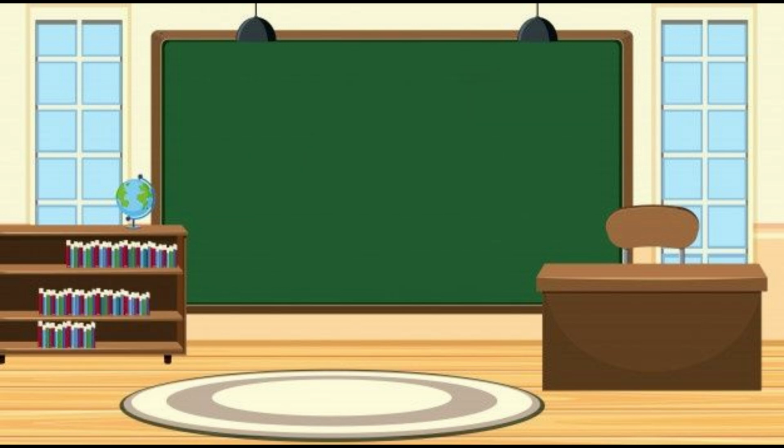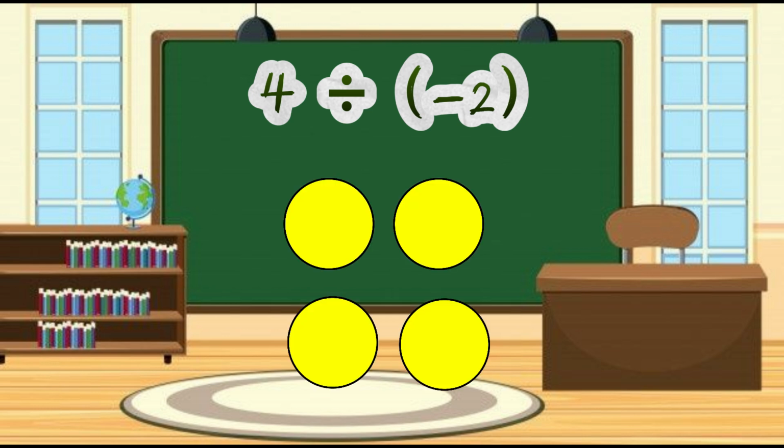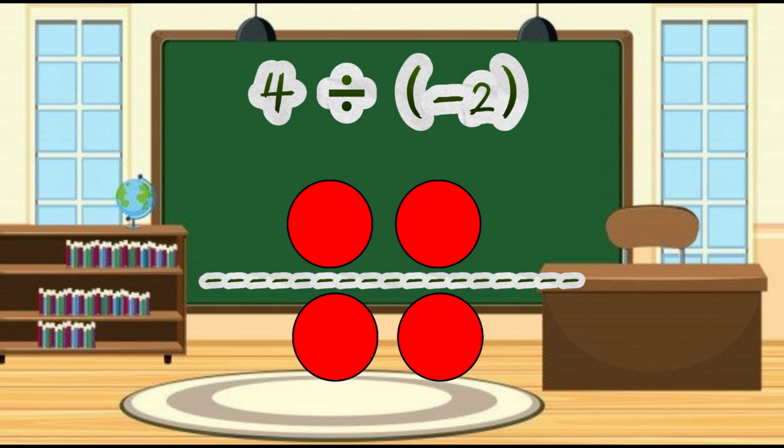Another example, 4 divided by -2, we are going to say 4 yellow chips split into opposite groups of 2. That is why we have to flip the chips into red. Therefore, the answer would be -2 or 2 red chips.